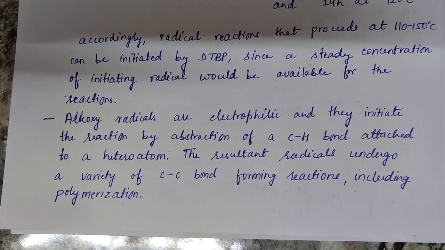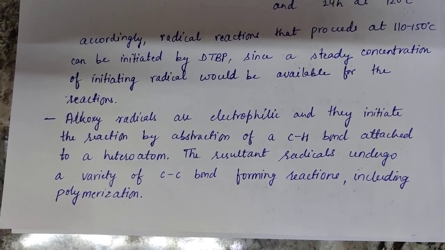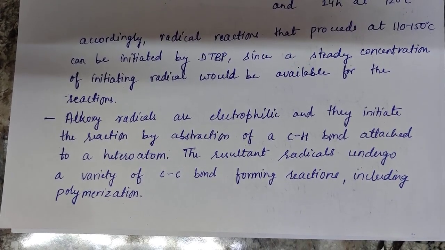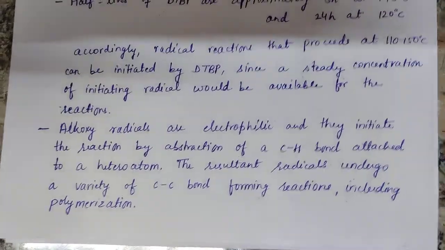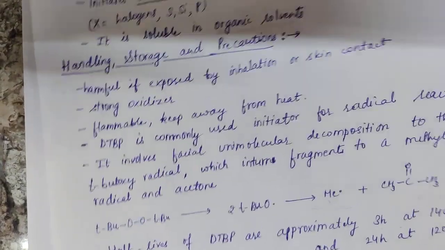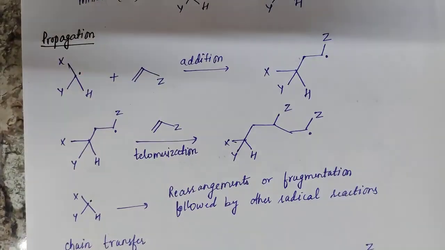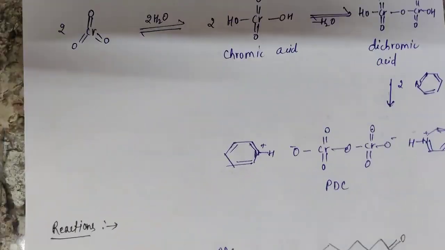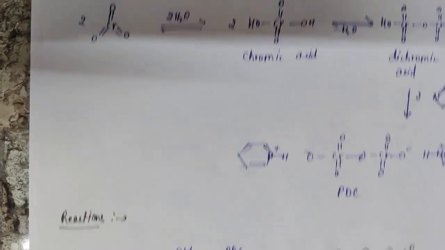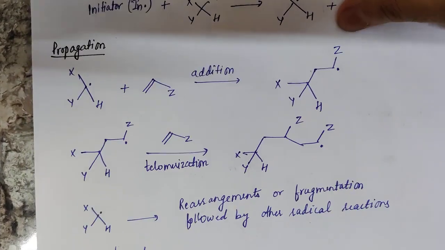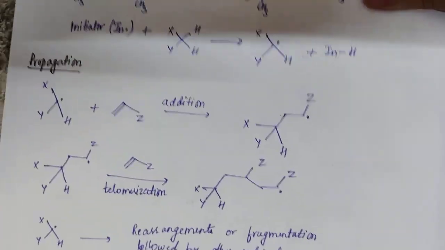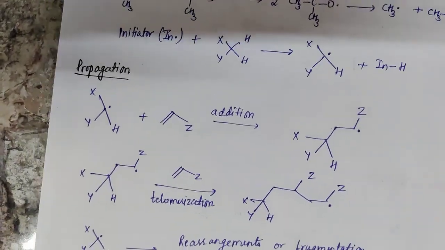And the resultant radical undergoes a variety of CC bond formation reactions, including polymerization. You will understand this better when you look at the reactions and the mechanism. First of all, if we look at the mechanism, it's a reaction initiator.